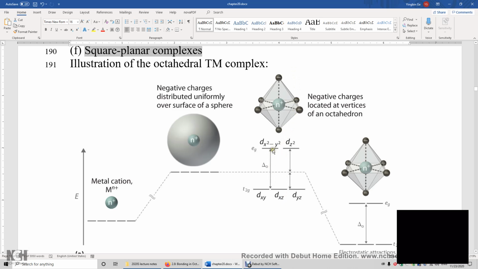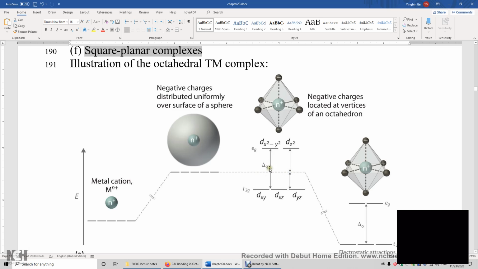And we call this energy splitting. This delta O means the energy difference between these 2 doubly degenerate eg orbitals and these 3 triply degenerate d orbitals. O stands for octahedral.